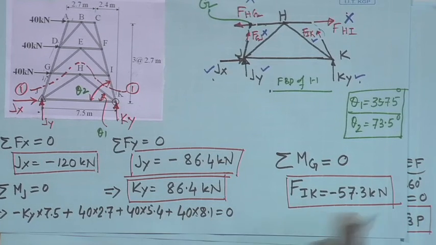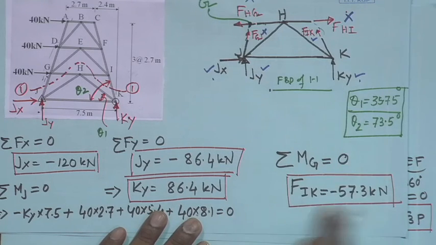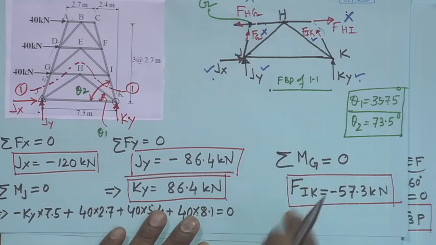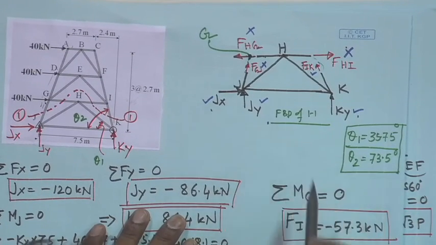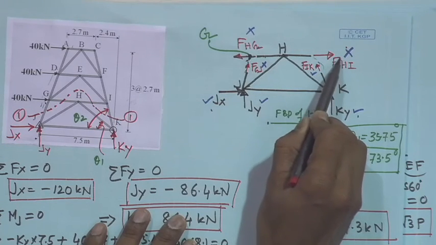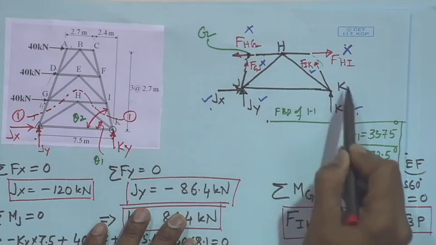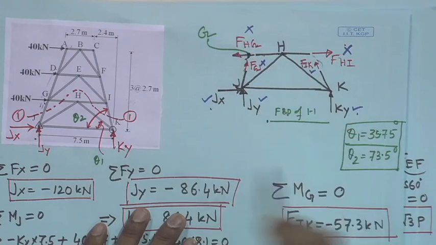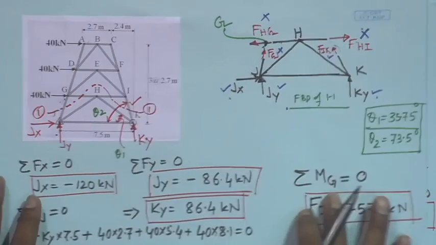That exercise, just substituting all these values and arriving at these values, I leave it to you. But the main important point here is we have taken moment about G, so that the contribution of all these forces becomes 0. The only contribution we get from this. So, now we have the member force. The force in member Ik is determined.